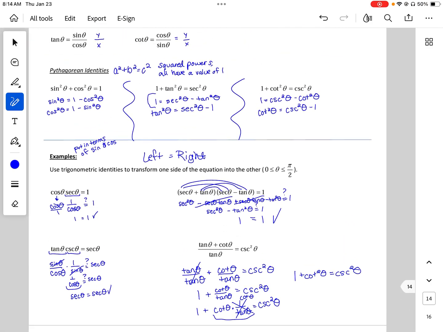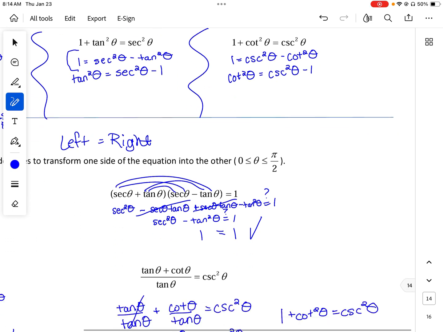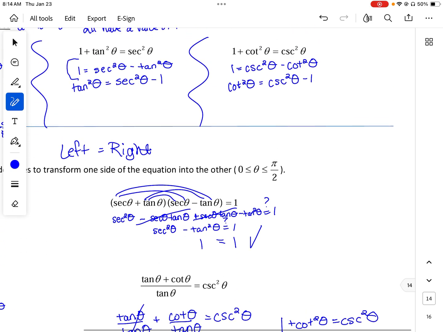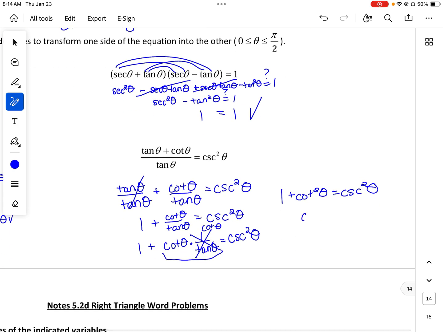And it would be this last one right here. Let's see. Oh, it's actually this, right? So that says cosecant squared theta equals cosecant squared theta. And these should all have question marks. All right, so that proves it to be true. All right, so we are going to continue to talk about this in class and do some practice problems.